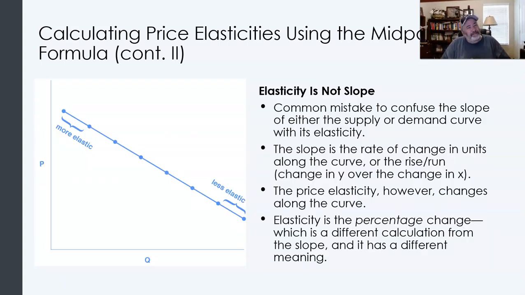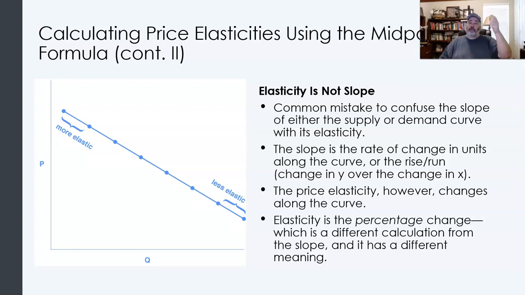Elasticity is not slope. Slope gives you some idea. The reason is that even though it's a linear function, elasticity is going to vary over different prices. Remember, one of the determinants of whether it's elastic is how big of a chunk it takes out of your personal budget. At $50, it may take a lot, but what if price falls to 10?